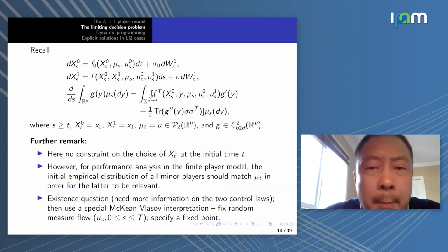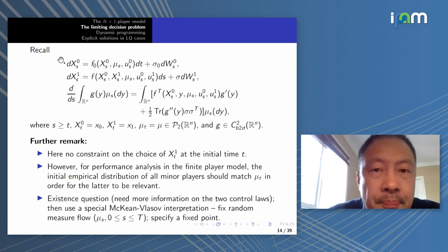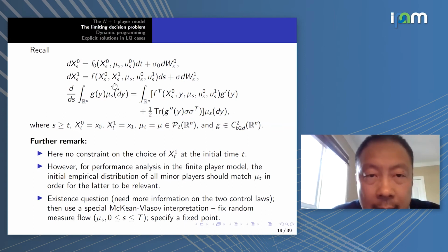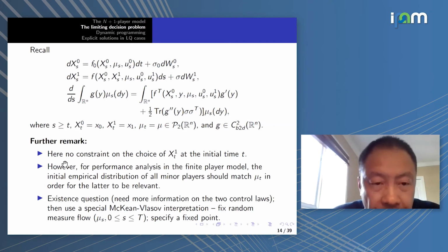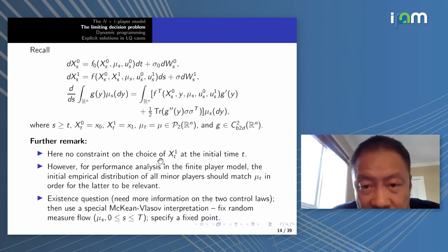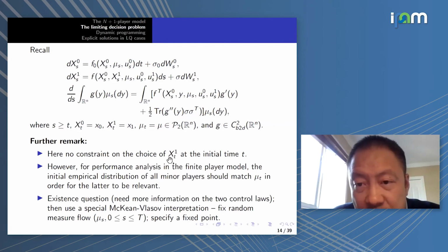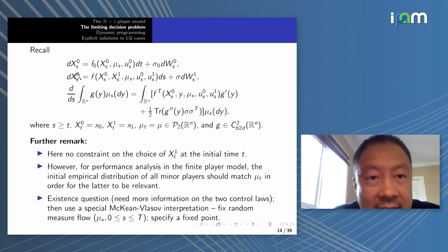Some further remarks. Given the dynamic characterization of the two agents, the major player and the minor player, here we have no constraint on the choice of the initial state at the initial time t for the minor player. That means you can set any initial condition.